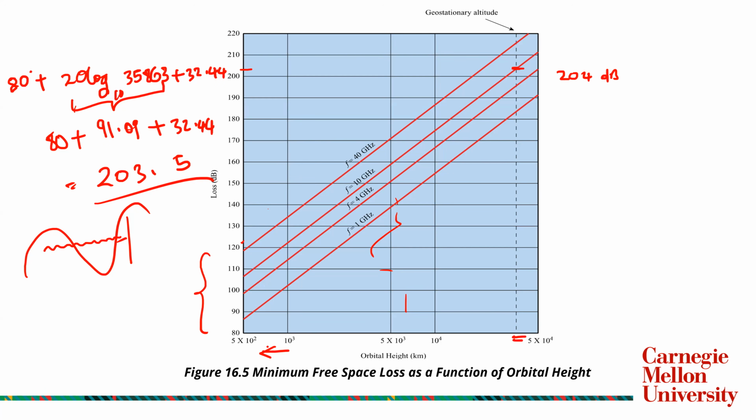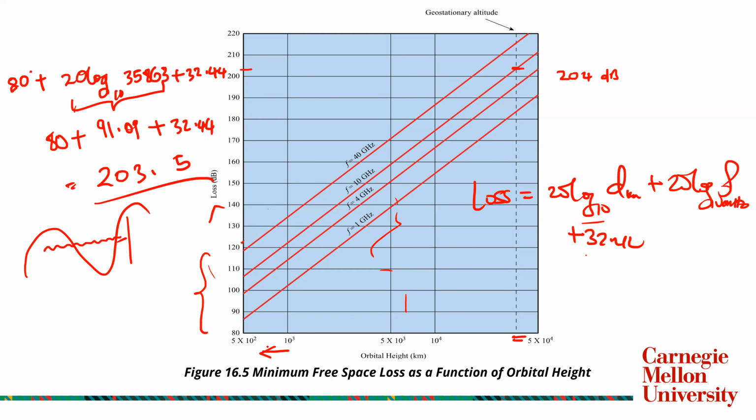Yes, so as the distance reduces, also the loss reduces. If you increase the distance of propagation, as you can see, the loss will increase. But really that comes from the equation where we said that loss is 20 log 10 of D plus 20 log 10 of F plus 32.44.